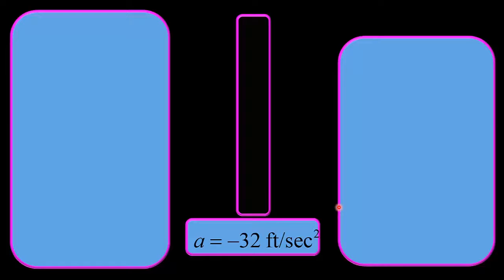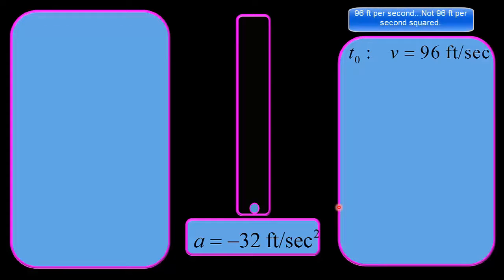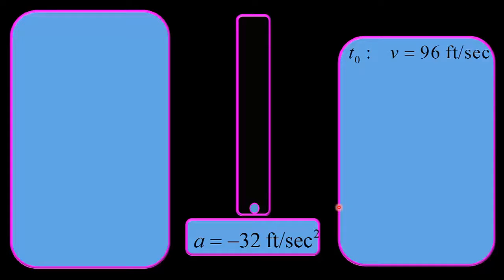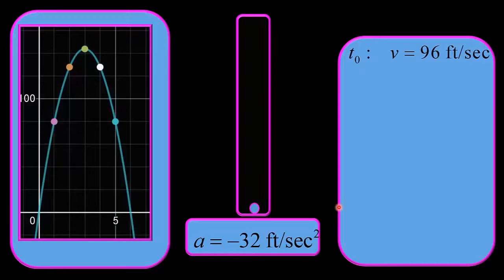As an example, let's suppose that we launch an object from the ground at 96 feet per second. I'll call that t sub 0. That's the initial velocity. Now, after 1 second, let's see what the velocity is. The velocity is 64 feet per second.